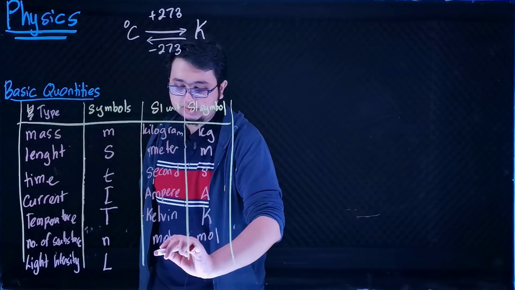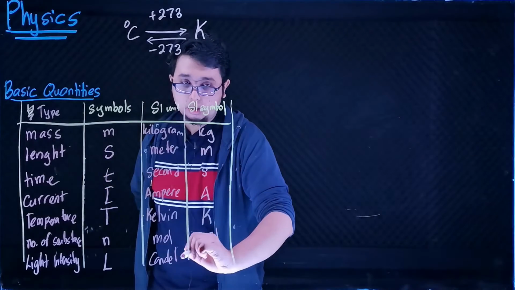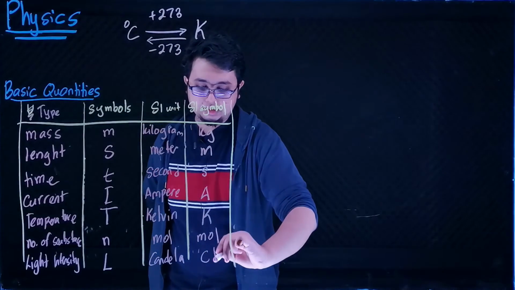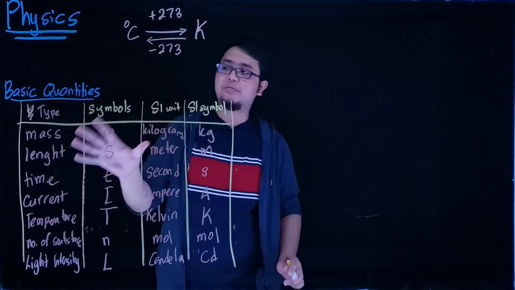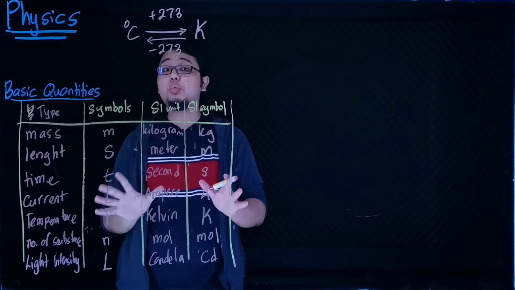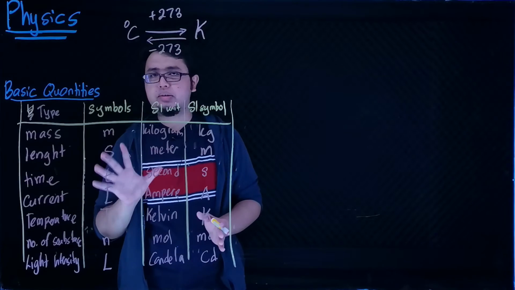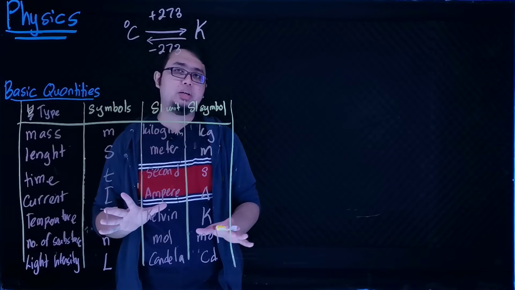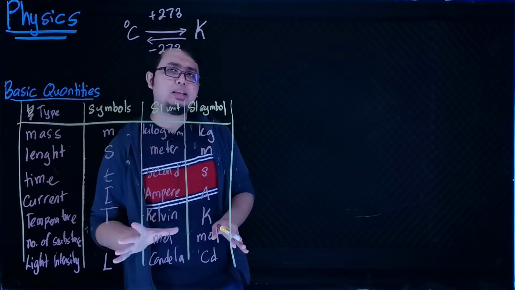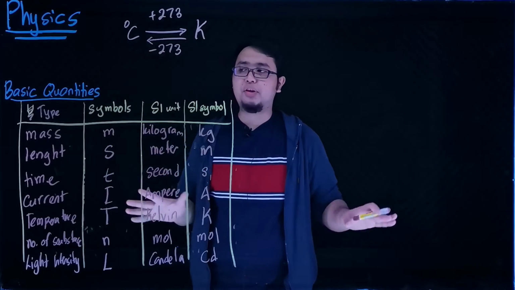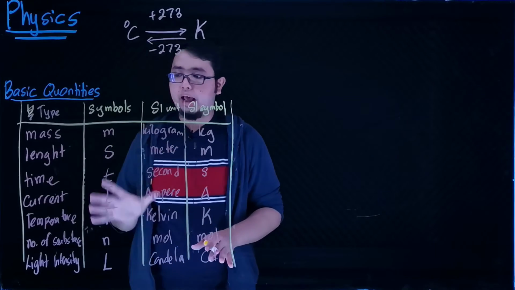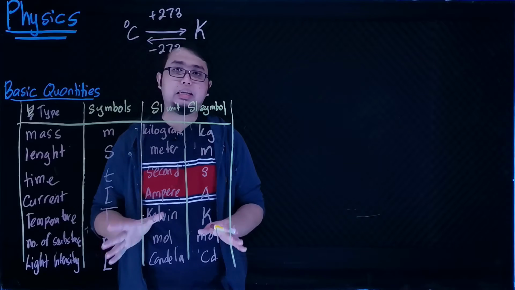The SI unit is candela, and the SI symbol is cd. So these are the 7 basic quantities that you will use throughout your studies of physics, and you will also notice them in biology and chemistry. Why? Because we use these basic quantities to explain myriads of different observations as well as in our calculations.